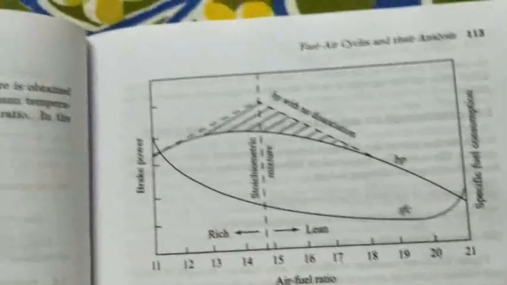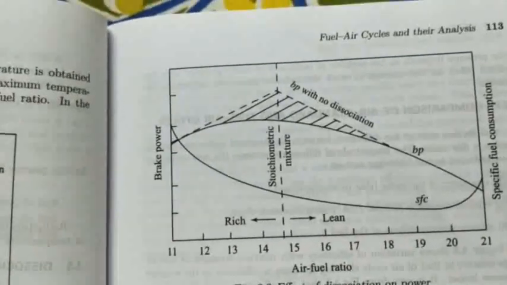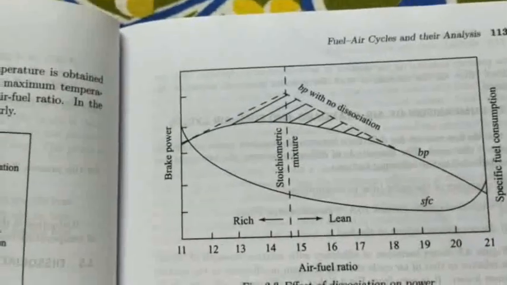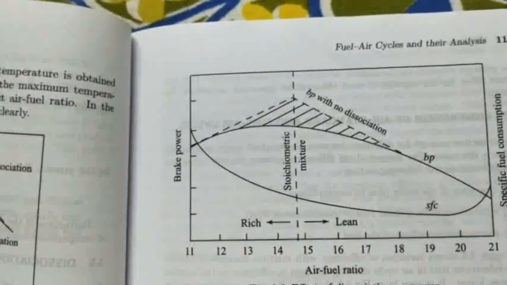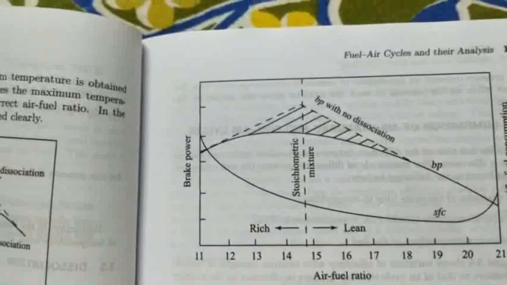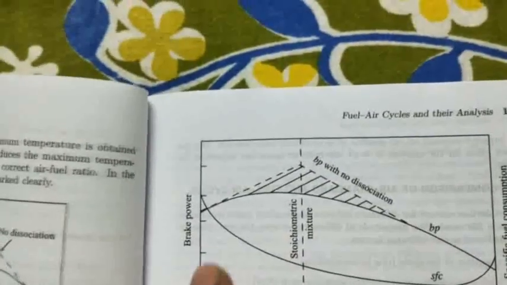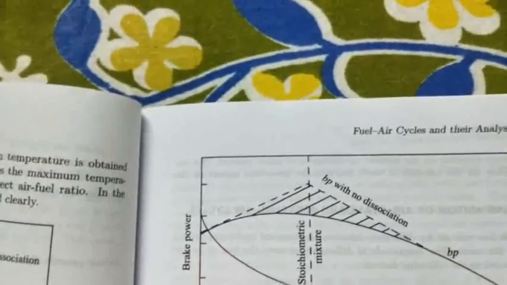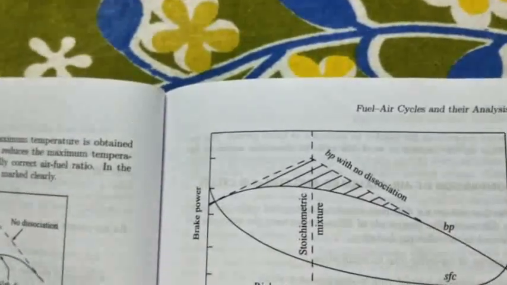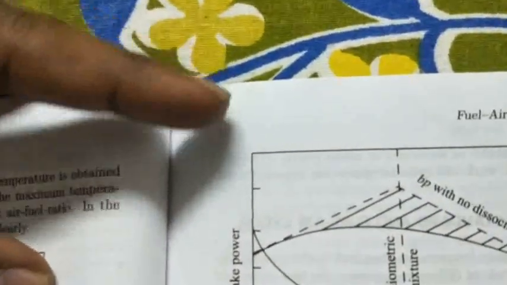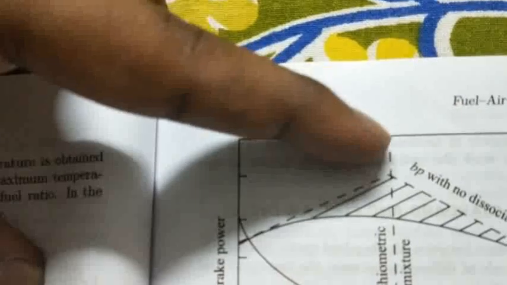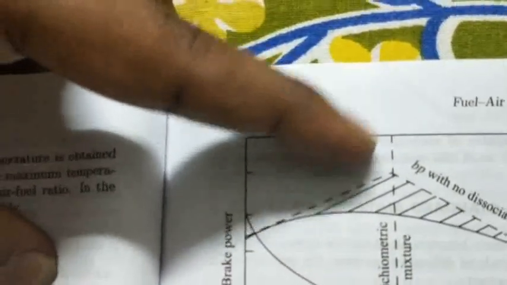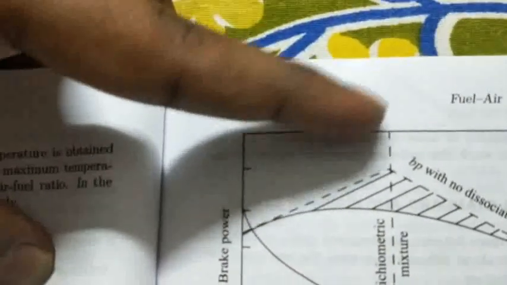You can see in this curve, if there is no dissociation, the brake output is maximum when the mixture ratio is stoichiometric. The shaded area between the brake power graphs shows the loss of power due to dissociation.